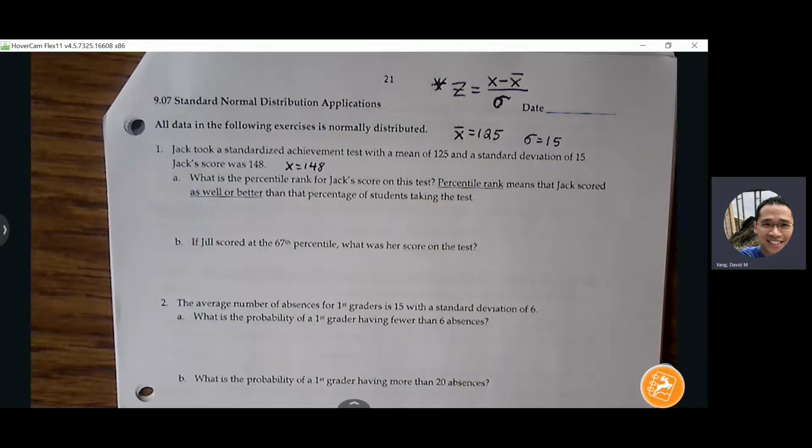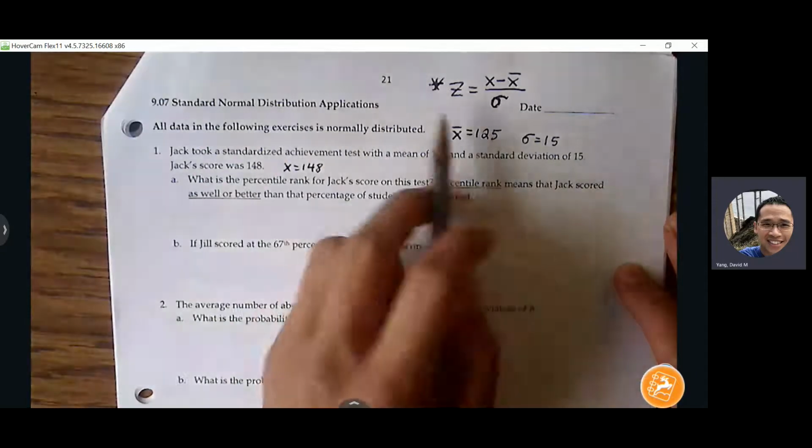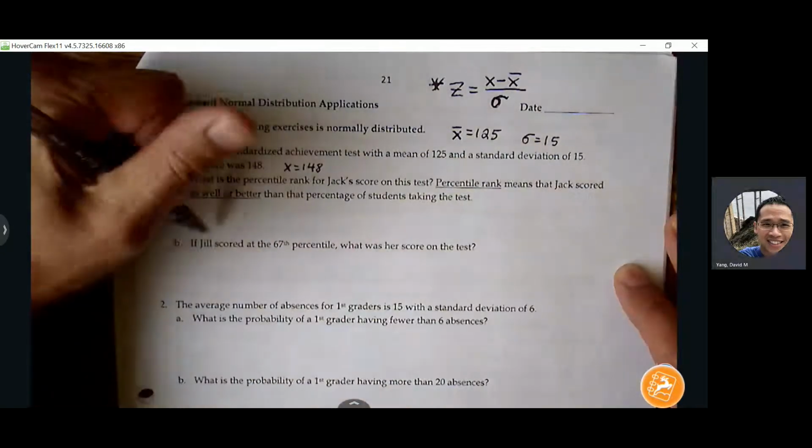So percentile rank just means a test score as well as or better than the percentage of students taking the test, which means that whatever the z-score table gives you, that's the percentile rank. You don't have to make any adjustment with that. So let's go ahead and do that. Here's the z-score formula.